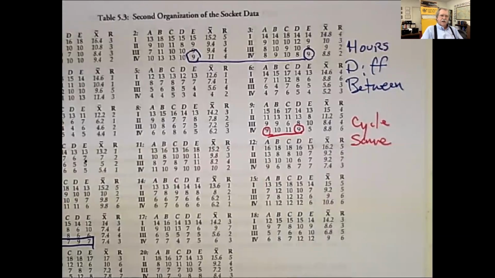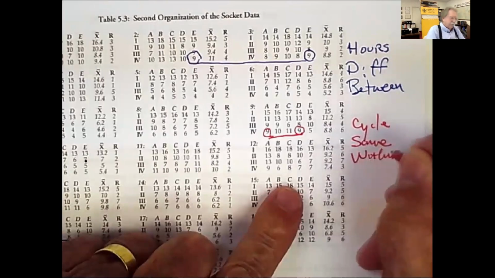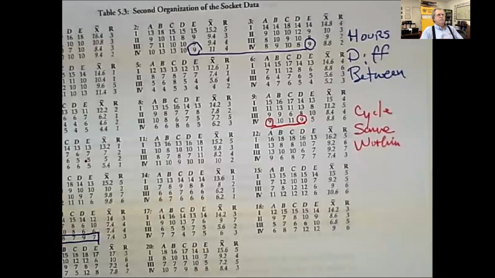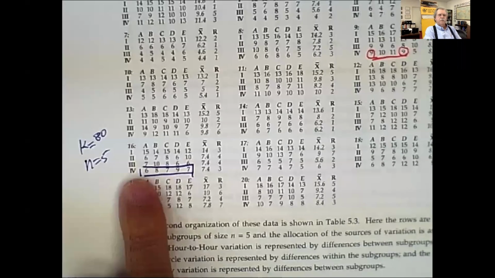So my cycle to cycle differences are going to show up within the subgroup. A, B, C, D, E in the same subgroup.